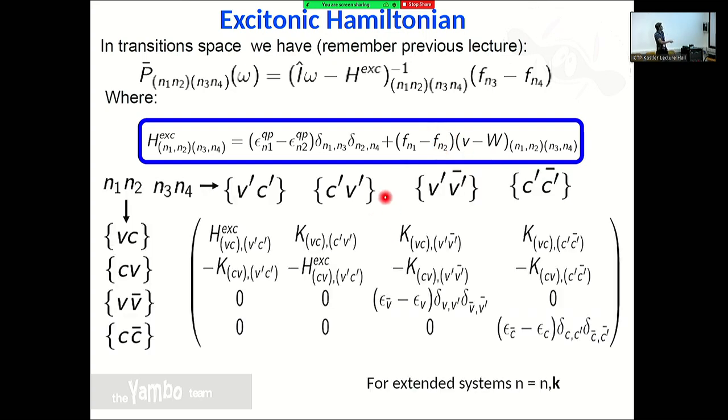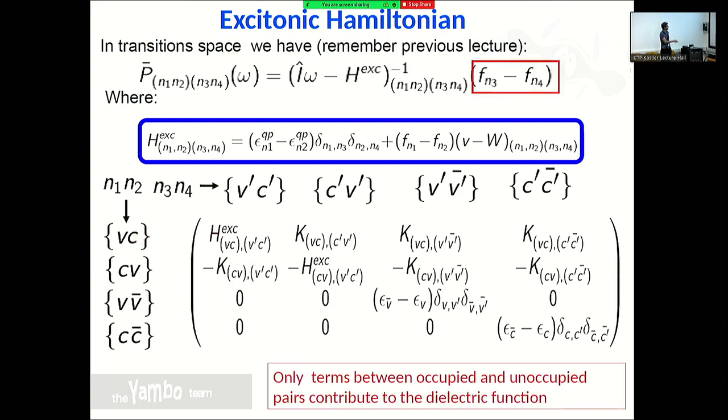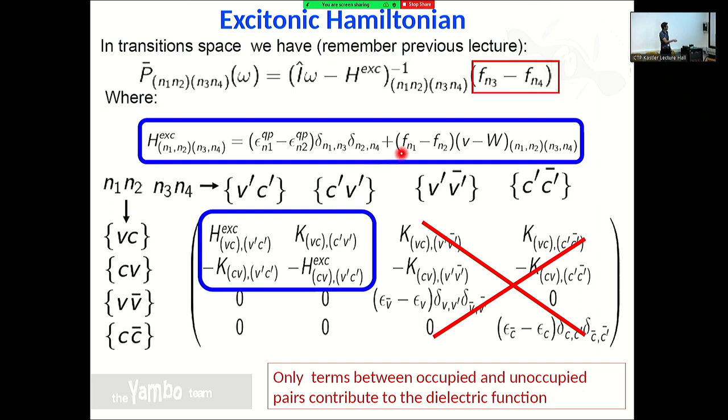And if you try to change these N1, N2 into valence, conduction, valence indexes, you end up with a matrix like this. Now, what we are interested in are excitons between valence and conduction transitions. This is this block.